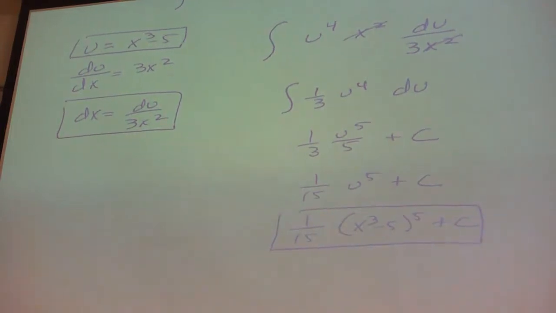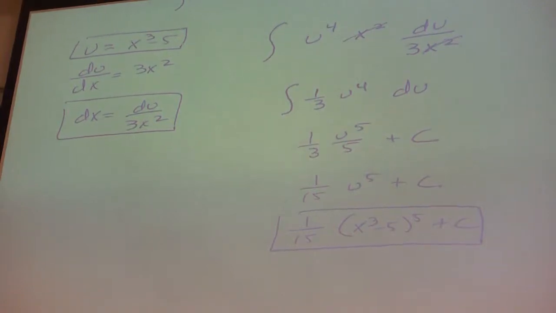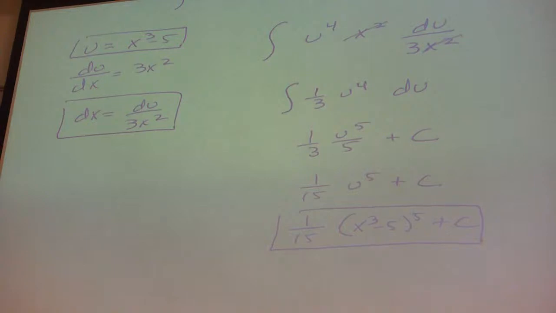Stop there. The only thing that happened was the 3 was left over. It's okay. It's the same process, same everything. The x squared divided by x squared is 1. Everything worked out. Question? Would it be okay if you left it as u to the 5th over 15? Yeah, same thing. Okay? Any questions on this one? Don't see this as different. It's really the same that we've been doing.